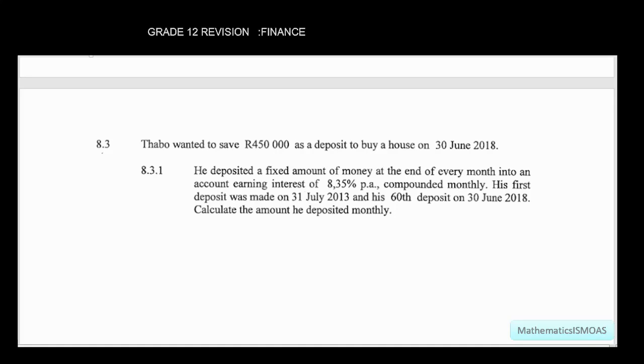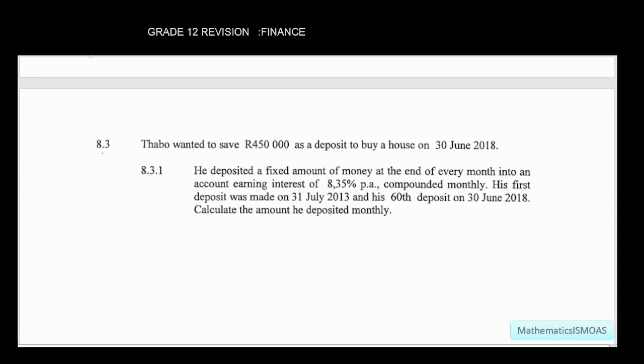His first deposit was made on 31 July 2013 and his 60th deposit on 30 June 2018. Calculate the amount he deposited monthly.